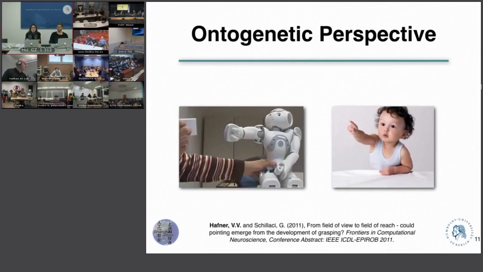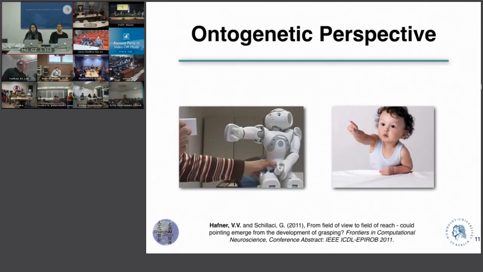So on the right side you see a picture describing human development. Basically, in this example, how children learn to communicate and interact with the world. They learn how to focus their attention on something and draw the attention of others by pointing to something.